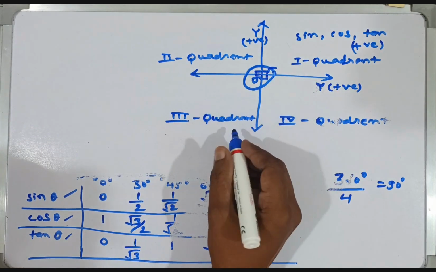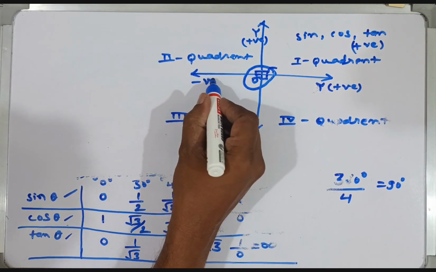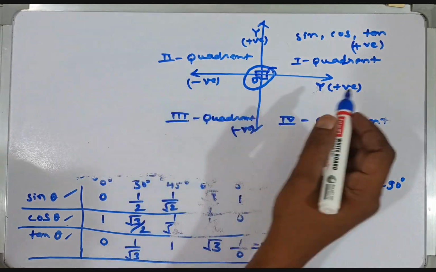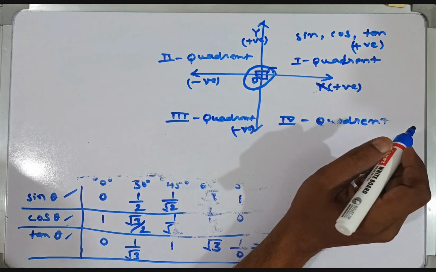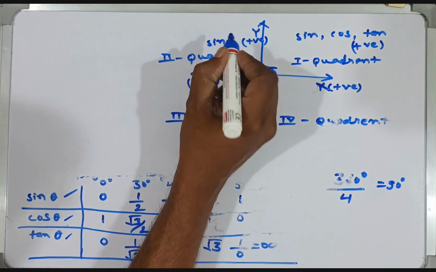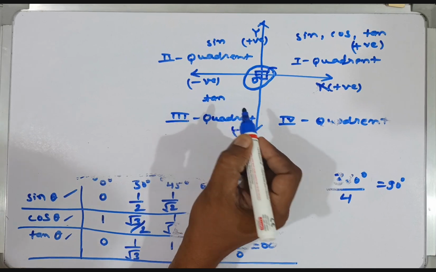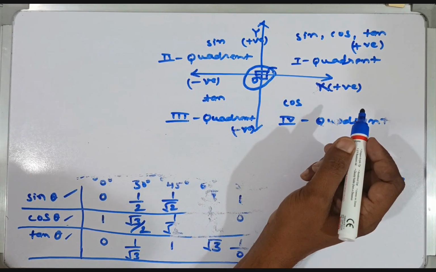So this side is negative, and this side is also negative, the negative x-axis. Now, the other thing is that sine in this quadrant is positive, tan in this quadrant is positive, and cos in this quadrant is positive.